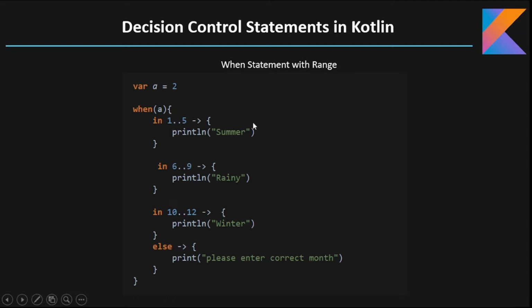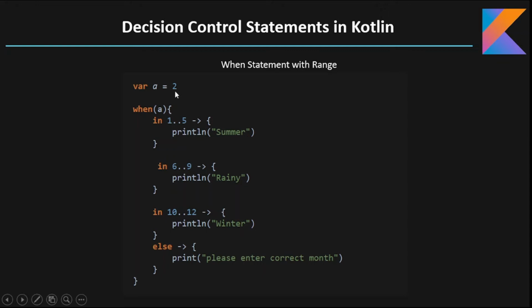Here you can see the value of variable a which is to be provided. In our case it is 2 right now. So in the when statement it will check whether the value of a lies in the range 1 to 5. It is lying in the range, then it will execute the block in front of it, so it will return summer.